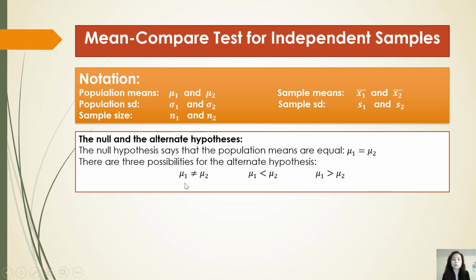If we have mu1 not equal to mu2 as the alternate hypothesis, this is two tail. If we have mu1 strictly less than mu2 in the alternate hypothesis, this is left tail, and the last one, mu1 strictly greater than mu2, is right tail. Before you do any test, you have to define whether it's a left tail test, right tail test, or two tail test, because it will affect the p-value and the critical value at the end.